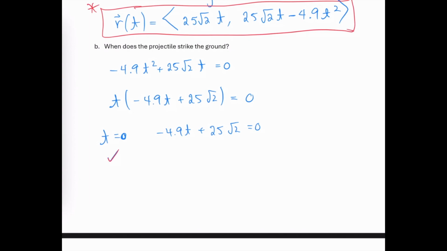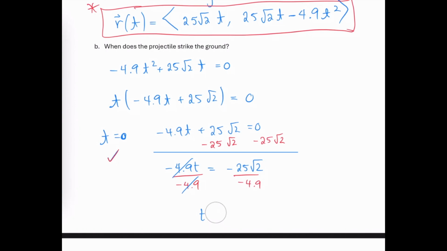The other solution comes from subtracting 25√2 from both sides, so that we end up with 4.9t equal to negative 25√2. To completely solve for t, we divide both sides by 4.9 to get that t is approximately equal to 7.22. My time is measured in seconds, as it was with the given initial velocity. So time is equal to 0 and time is equal to 7.22 seconds.